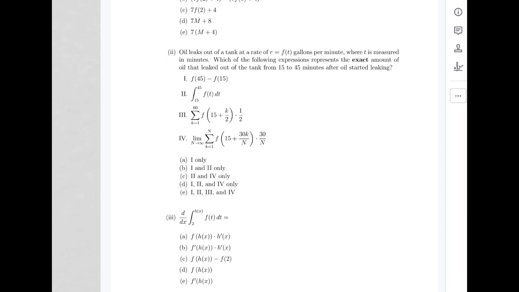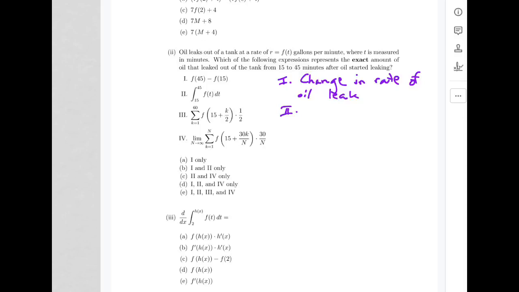So here, the thing that you need to pay attention to is exact. It's bolded. And so if we're looking at that, F of T is a rate. And so if we were to define these in words, then 1 would be the change in rate of oil leak over that period. 2 is the total change because we're looking at the definite integral.